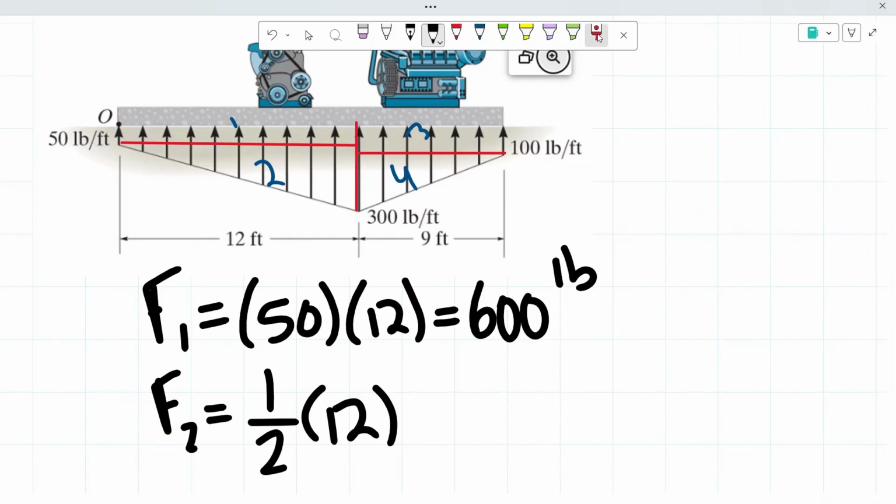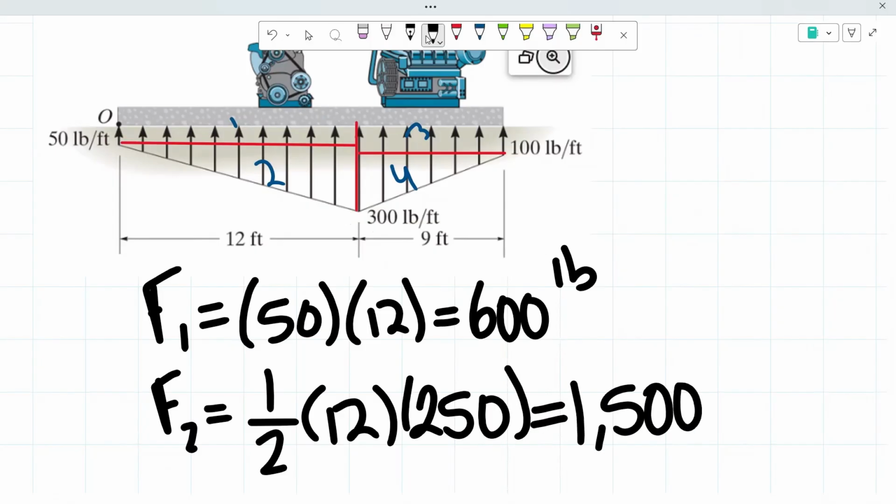To determine the height of this side, we know that the highest point used to be 300 pound-feet, but we subtract the 50 pound-feet, which is already included in the rectangle, giving us that the maximum weight on this right triangle is 250 pound-feet. And that should give you 1,500 pounds.